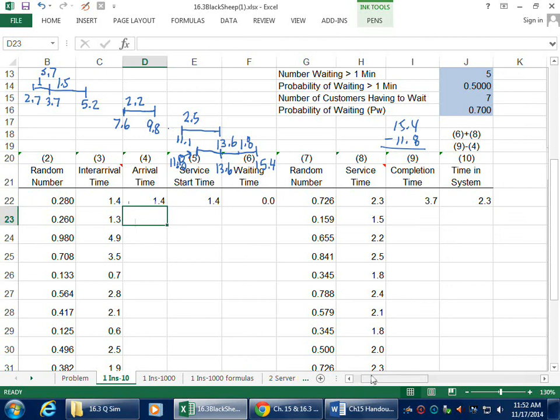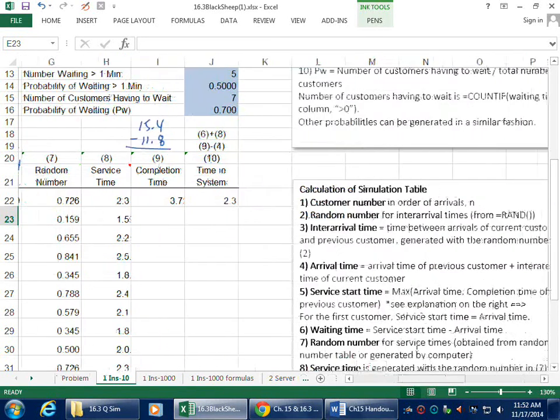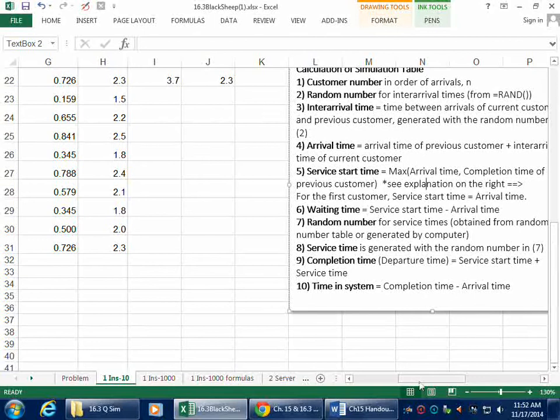Now the second one. The arrival time you have to add: the previous customer's arrival time plus our customer's inter-arrival time gives me the time that our current customer comes. It's 2.7. And the service start, this is where we have to read the little blurb here.